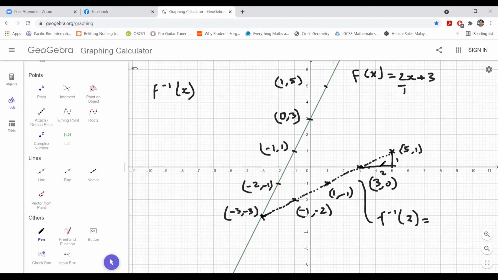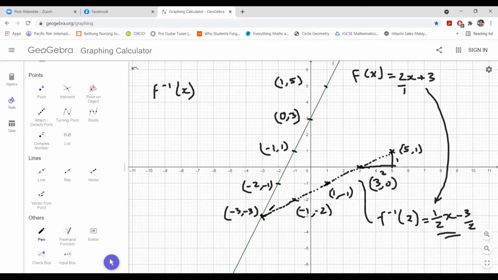So we go across 2, up 1, across 2, up 1. So it's rise on run. So 1 on 2 will be the slope, a half. And then your y-intercept looks to be -1.5, -3 on 2. That's what it looks like. We'll check these kinds of things later, but the easier way is to use the algebraic method. I'm just reading from the graph to try to get this equation here.